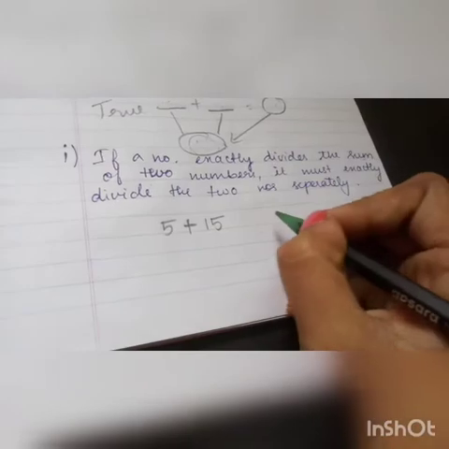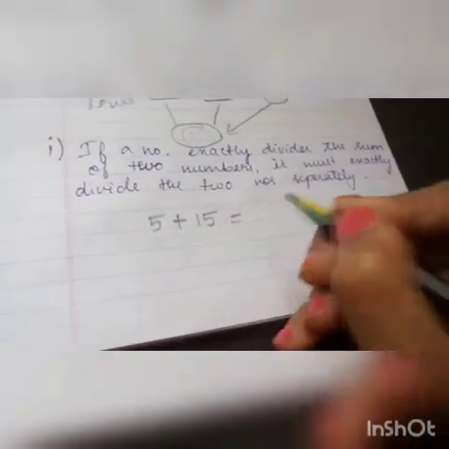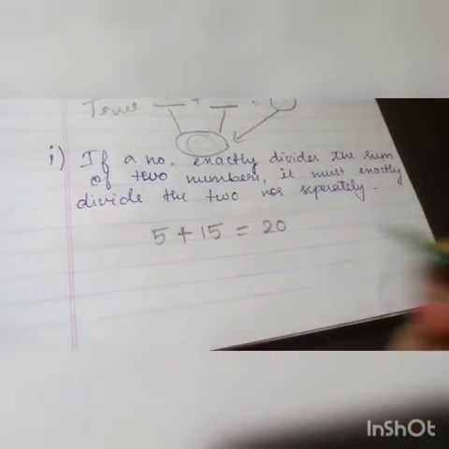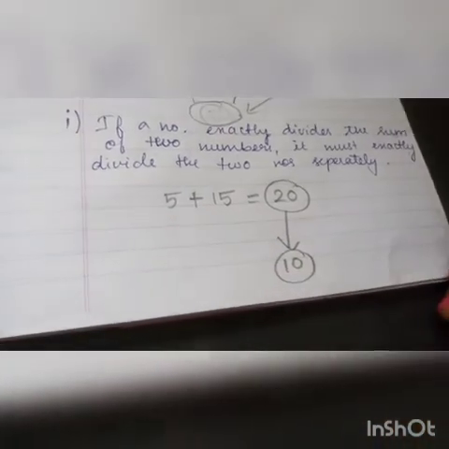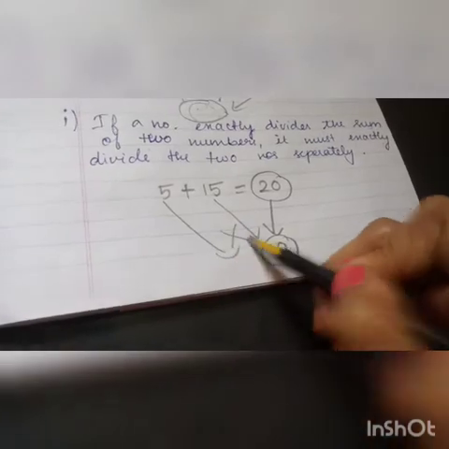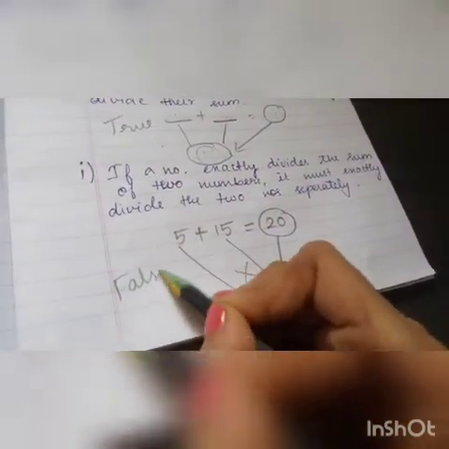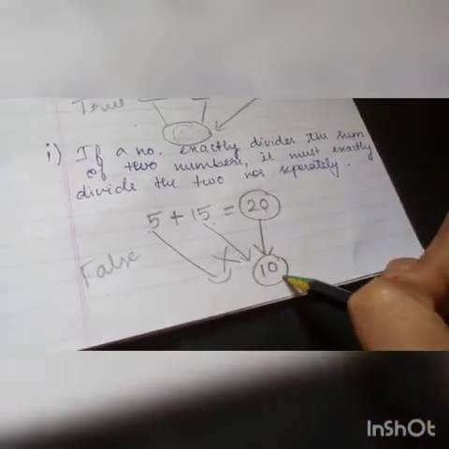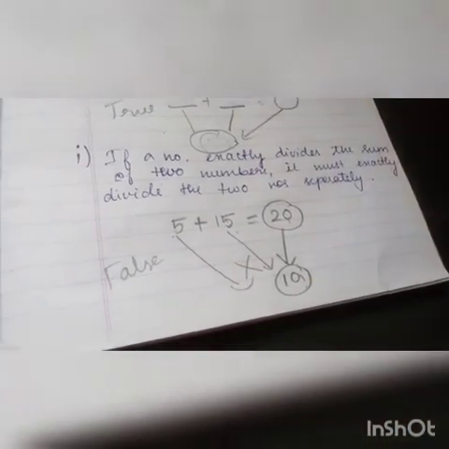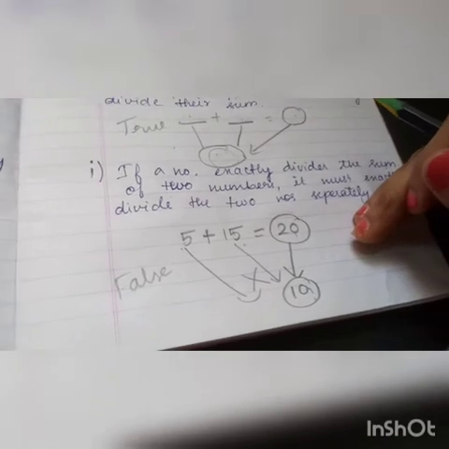Yes, that is possible, no problem. 5 plus 15 is equal to 20. This 20 is divisible by 10, but whether 5 and 15 are divisible by 10? No. So this statement is true, but the conclusion is false. 20 is divisible by 10, but 5 and 15 are not divisible by 10. Understood? This opposite sense is not possible.